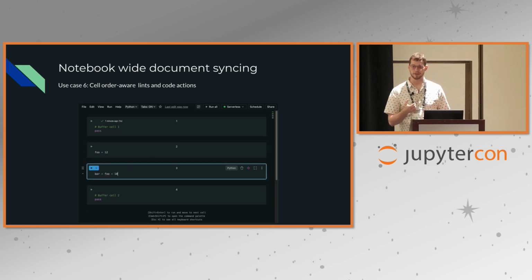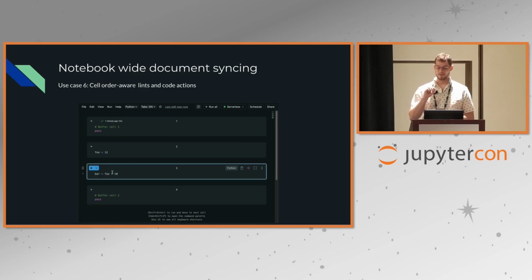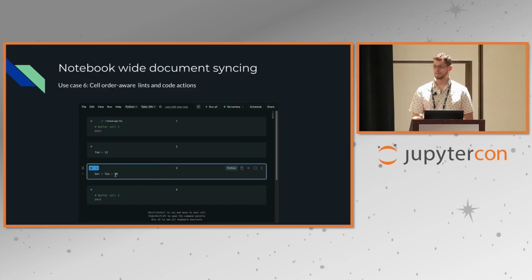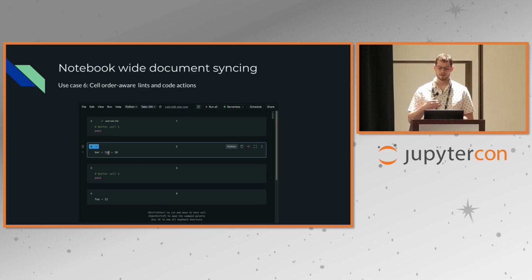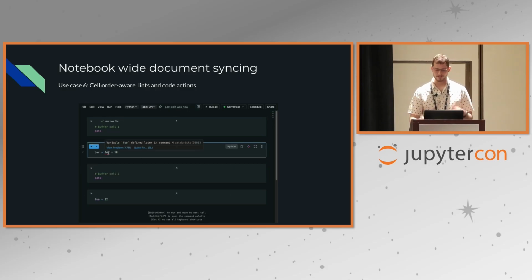So instead of just showing you the typical undefined variable lint on line 2, we can do better and say, hey, this variable is defined, but it's defined in a subsequent command in cell 4. And then, taking a step further, we can even give you a quick fix action that lets you instantly bring that definition cell up above the cell where this variable is used, thus putting your notebook in a more consistent state where it can easily be rerun.